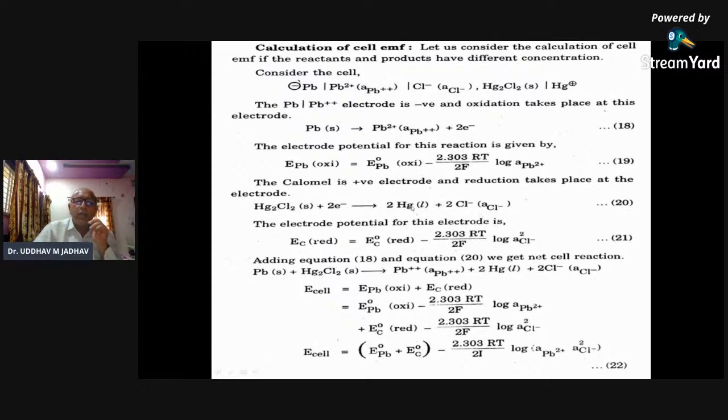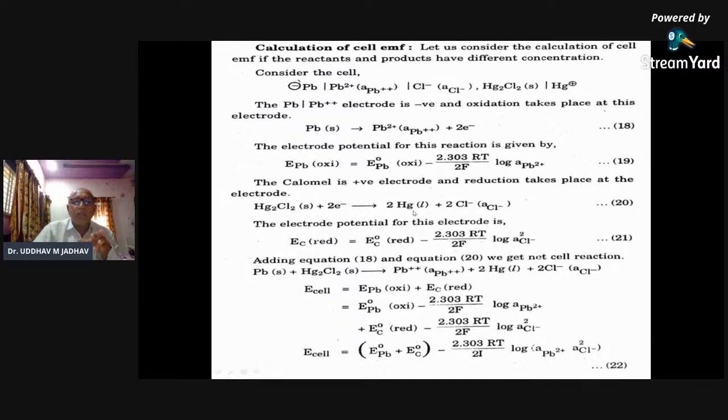Then accordingly here E reduction is equal to E nod reduction minus 2.303 RT upon NF, log of activity of chloride ion raised to 2 into activity of Hg raised to 2 upon activity of Hg2Cl2 solid.